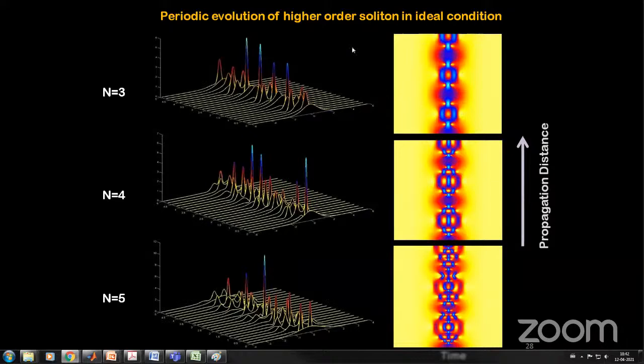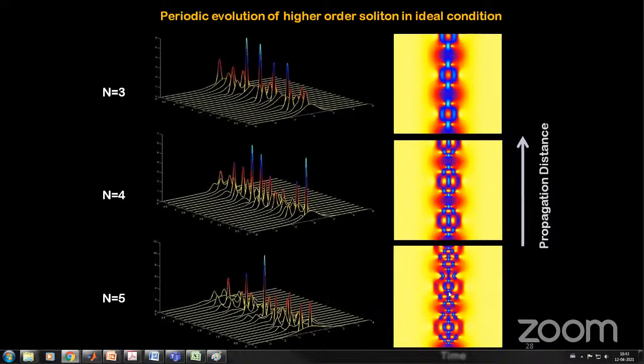equal, and as a result you find that there is a periodic evolution and a very complicated kind of structure you can get. And the right hand side figure, whatever you can see, is along the distance it is propagating. The picture on the right hand side is called the mesh plot. In a mesh plot, you can capture how the intensity is varying, and this color basically tells you the intensity.